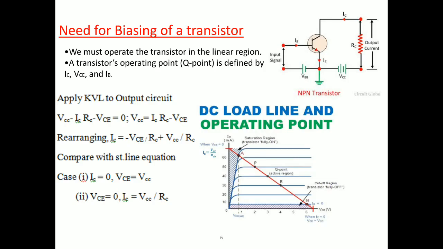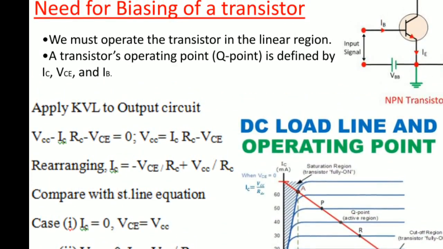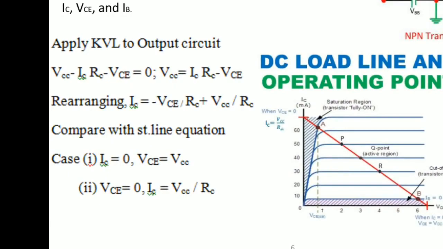For the given circuit diagram, apply KVL to the output circuit, that is VCC minus ICRC minus VCE equal to 0. Rearranging this and comparing with the straight line equation, we get two cases. One is when the collector current IC equals 0, then VCE is equal to VCC, my applied voltage.